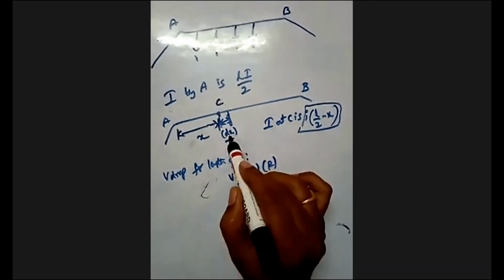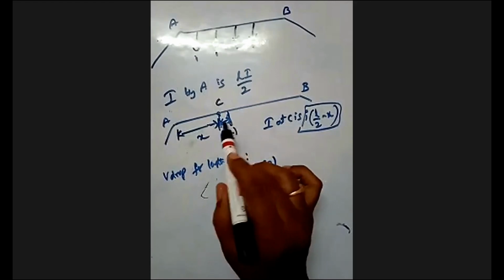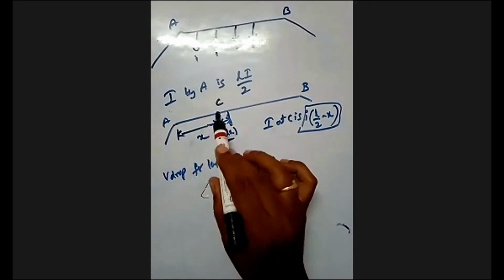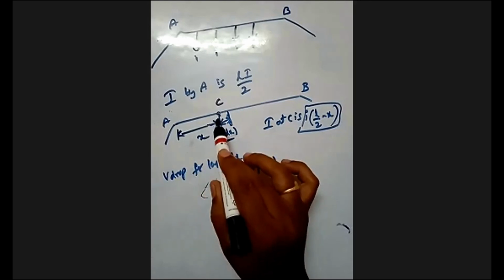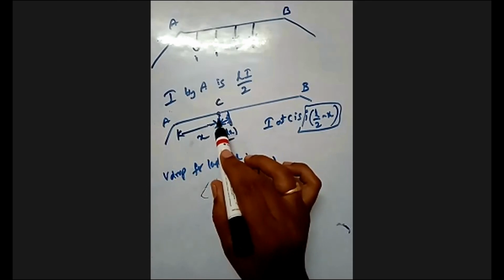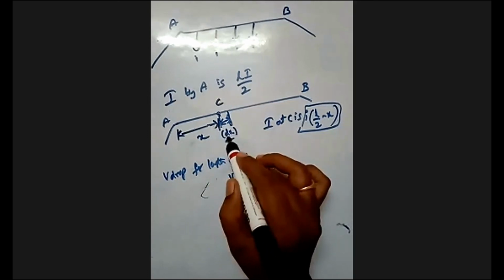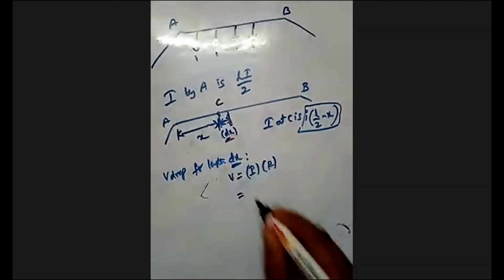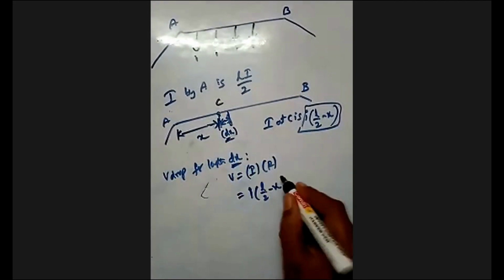Since dx is a very small fraction of this length, I am assuming that for this length dx also, since C is at x distance and dx is very near to C, I am taking this current, I into L by 2 minus x.